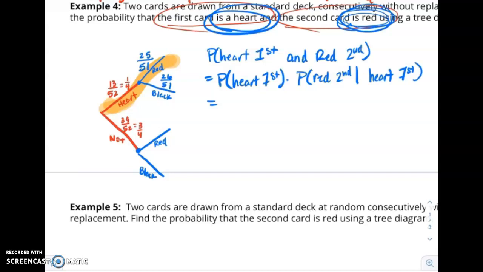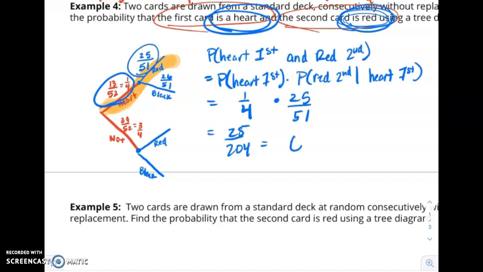So the probability that it was a heart first is 1/4, times the probability that it was red second and heart first, which was 25 over 51. We're just multiplying these branches up the tree. And we end up getting 25 over 204, which is 0.123 probability as a decimal.